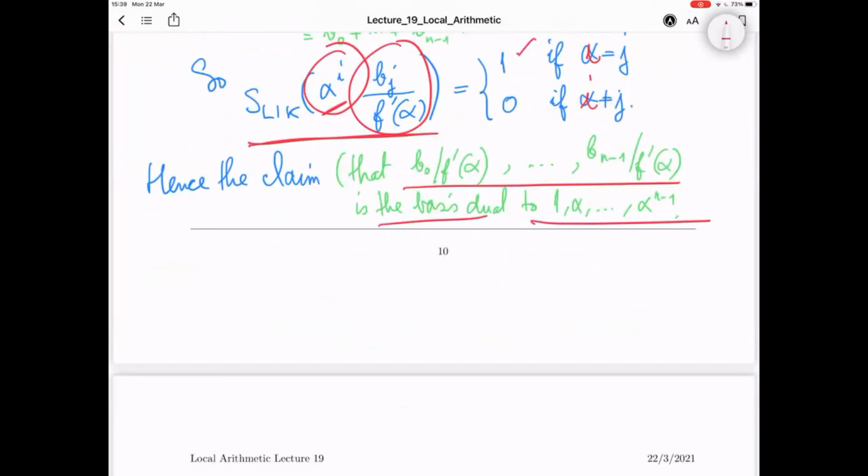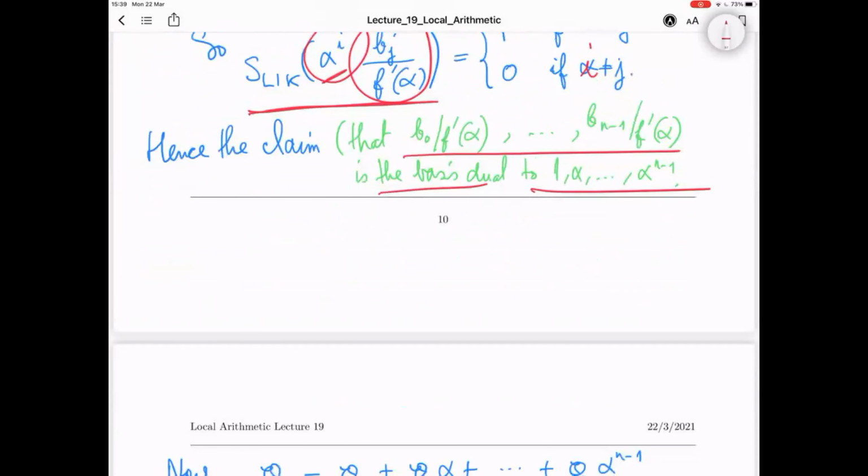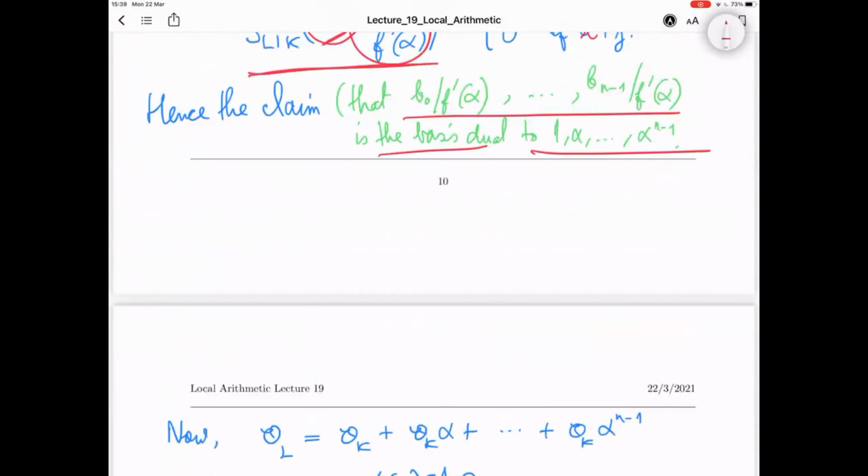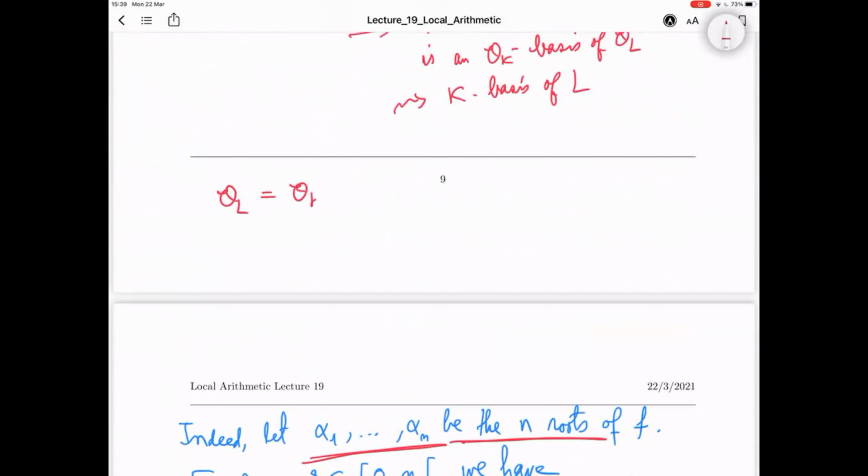Okay. So now we have just established one claim that we have found the dual basis. We have written O_L as O_K[alpha]. Then we get a basis 1, alpha, up to alpha to the n minus 1. This is an O_K basis of O_L. And we have found the dual basis, which is, okay.